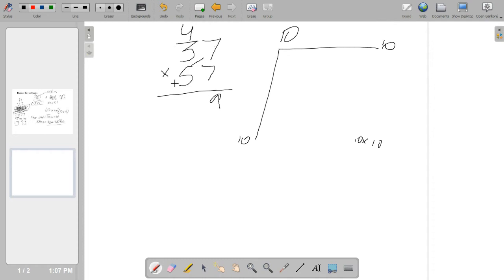Okay, so 7 times 5, 35, 3 times 7, 21. So 35 and 21, 56. 56 plus 4, 60. Carry the 6. 3 times 5, 15. 15 plus 6 is 21. So the answer is 2109.